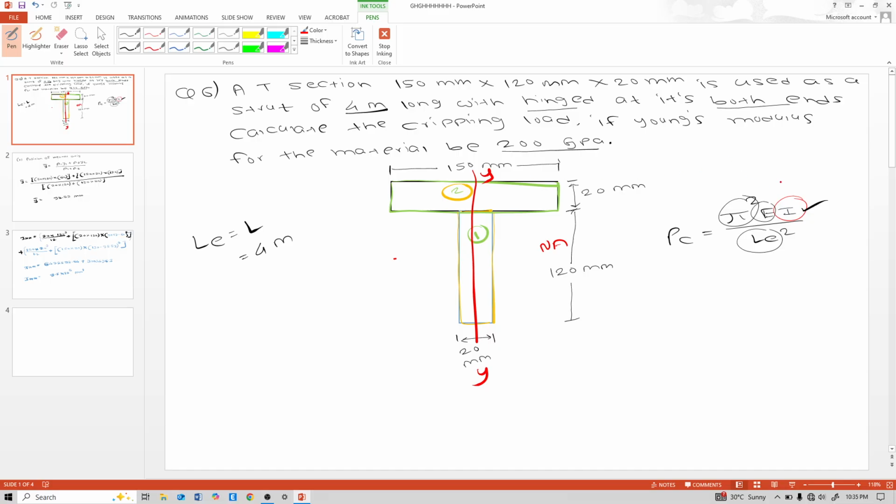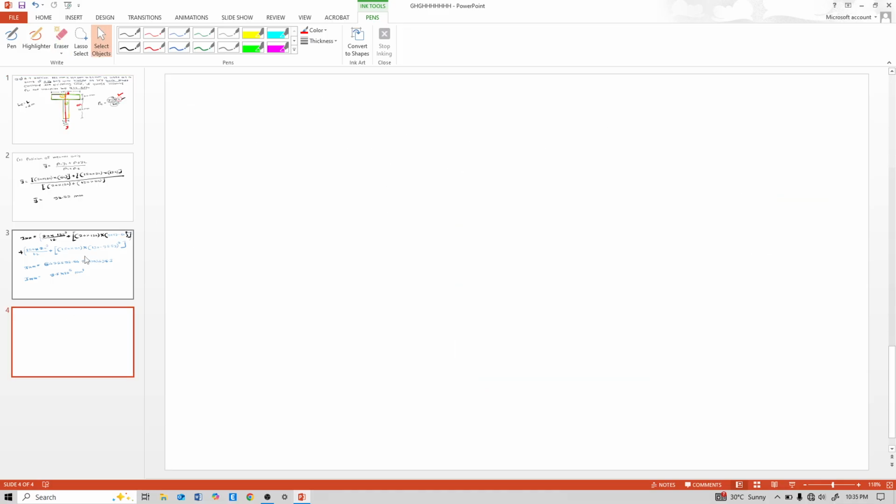Because in this formula we are interested in putting in the least moment of inertia. For the y section, both this side and this side are symmetrical, so there is no need to add the area into the distance squared. Just calculate the moment of inertia of the web and the flange. So Iyy is an easy calculation.